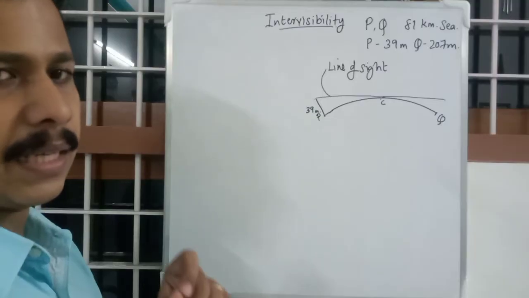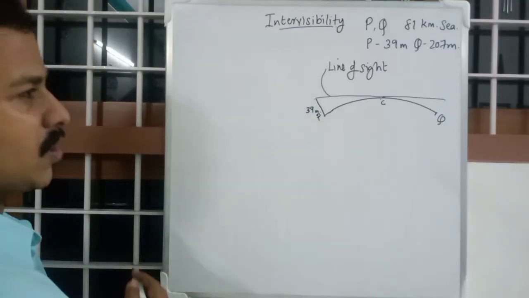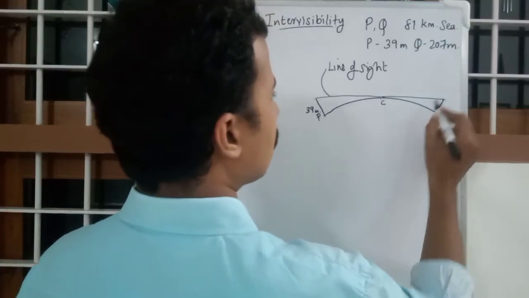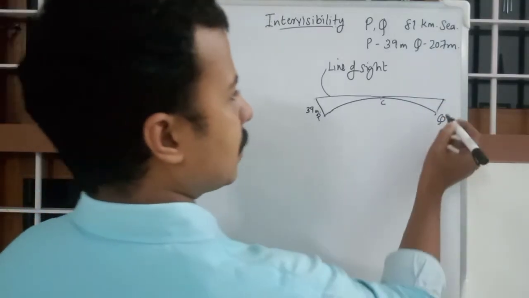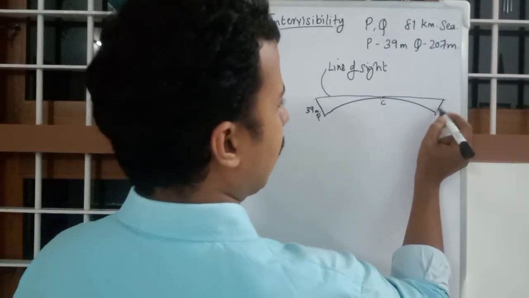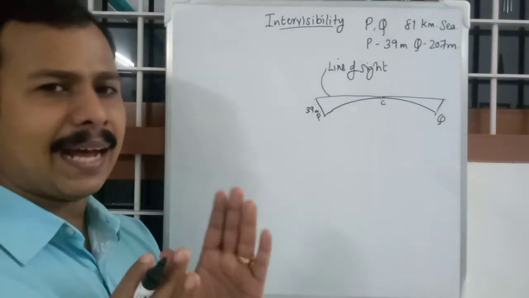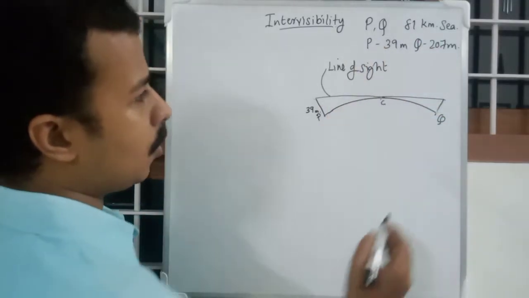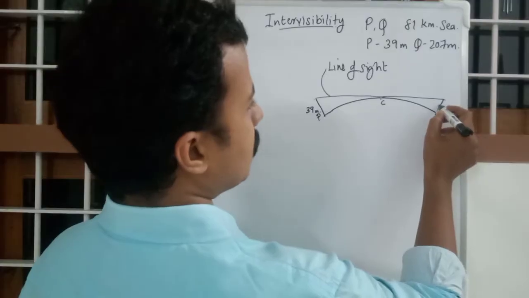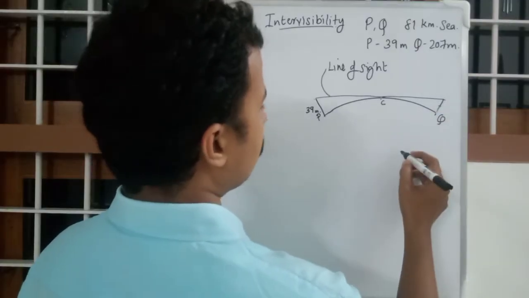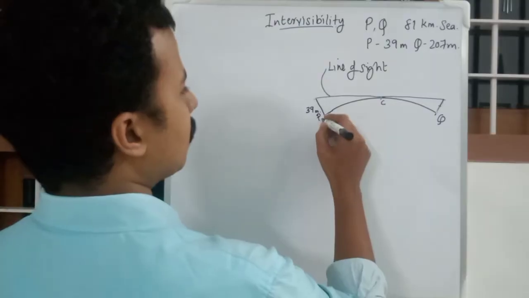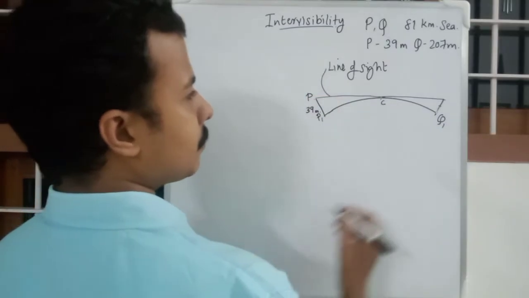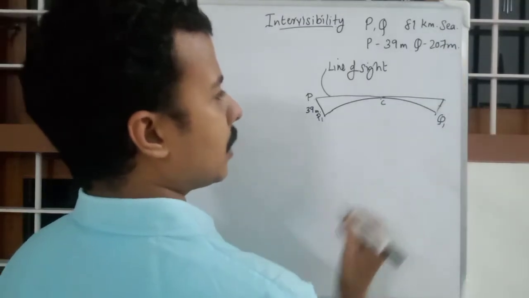As in the last class, point of tangency C, and the height of the line of sight is drawn like this. This short line is not the height of Q, not 207. It is the height of the line of sight at Q. For example, we are terming it as P1, Q1, and this is the actual P. We don't know the actual Q in here.